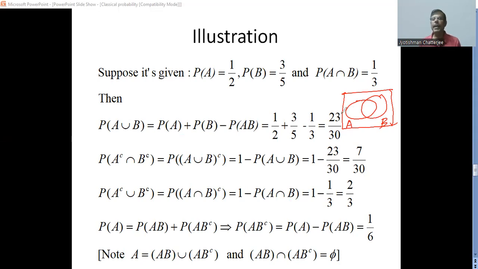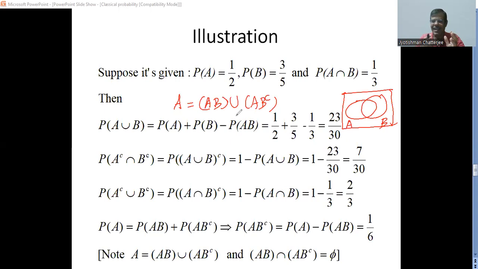Now, A can be written as AB union AB complement. Why is it so? Let's analyze this. Sometimes you intuitively feel some set identity.